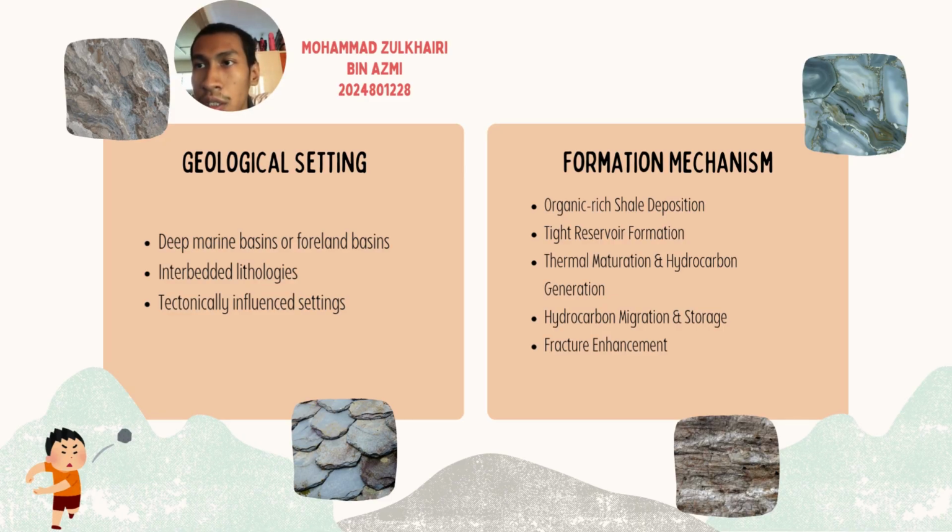These fractures connect otherwise isolated pore spaces and allow hydrocarbon to move from the shale matrix into the tighter reservoir units. This interaction results in a dual porosity and dual permeability system, where production relies not only on the matrix properties but also on the connectivity and extent of the fracture network.